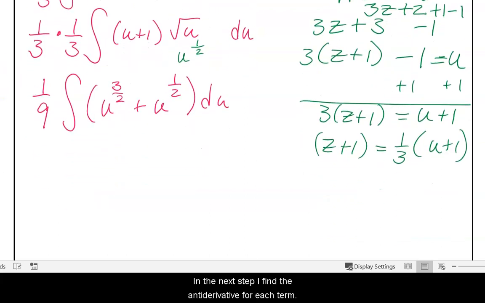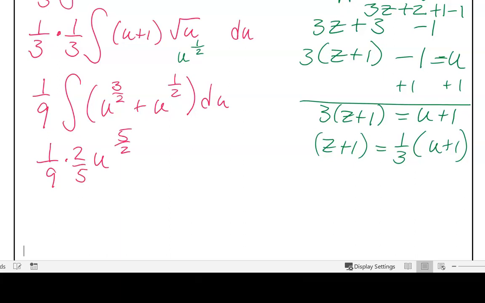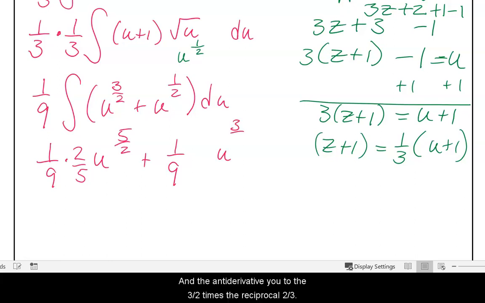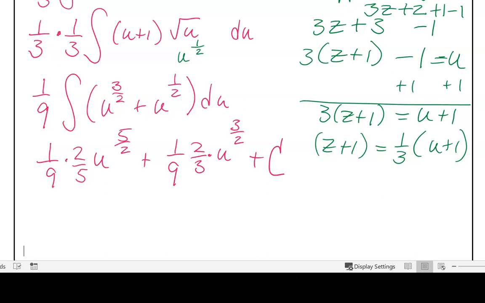In the next step, I find the antiderivative for each term. That would give me u to the 5/2 times the reciprocal 2/5 plus also a 1/9 factor, since it's distributed over all the terms inside the integrand, and the antiderivative u to the 3/2 times the reciprocal 2/3. Don't forget the constant of integration plus c.